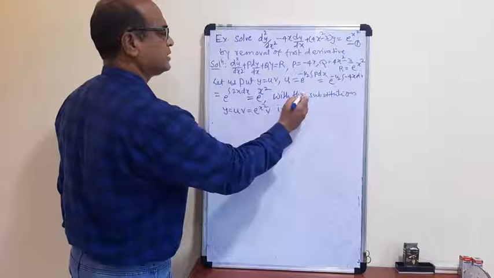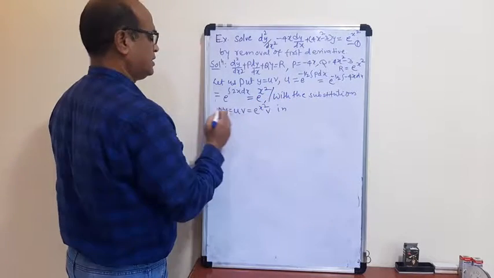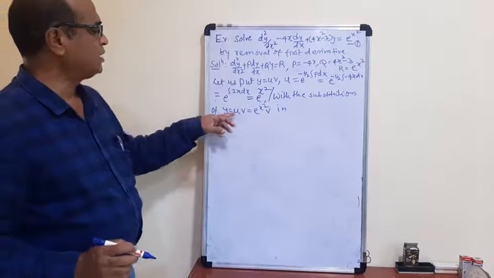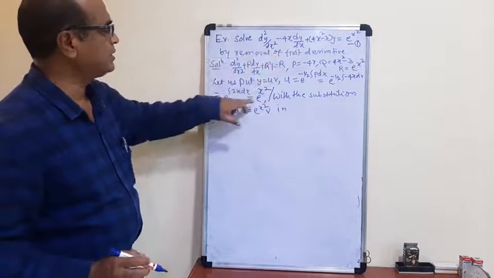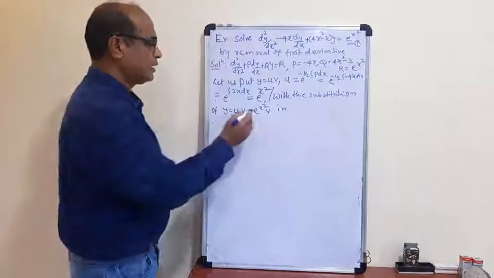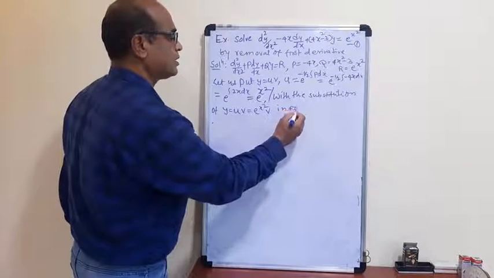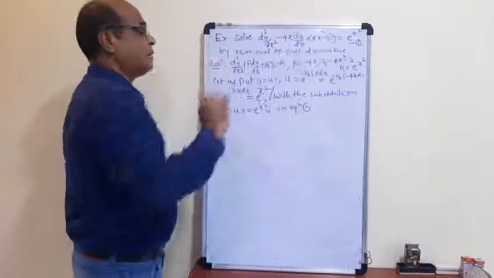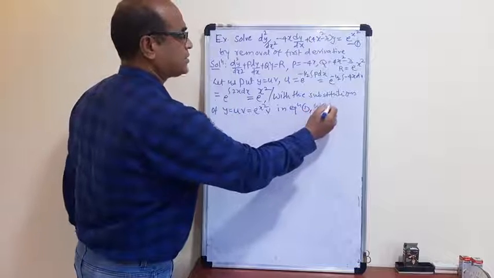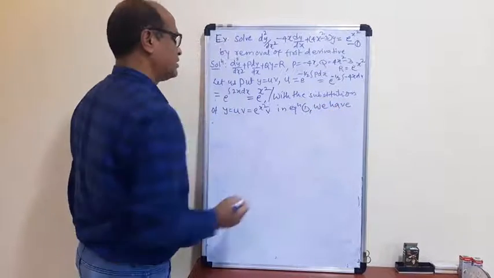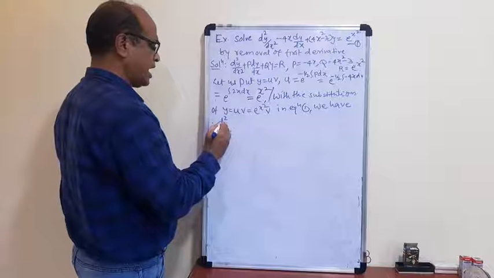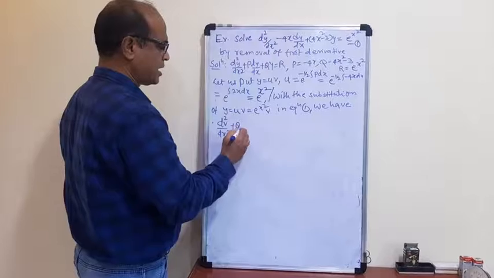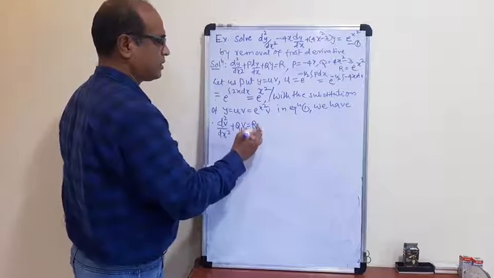Substituting this value in equation 1, we get the standard equation d2v by dx square plus q1 v is equal to r1.